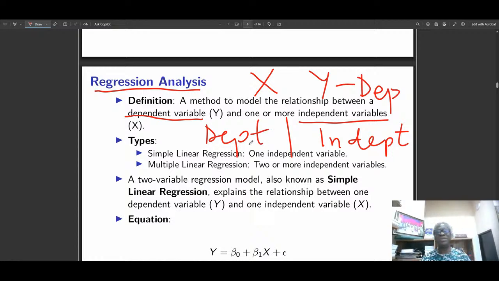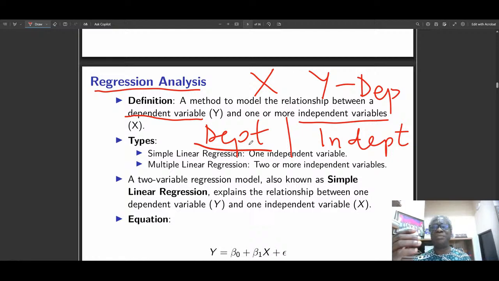The dependent variable is the one that is being explained. The independent variable is the one that is explaining, so we call it the explanatory variable. At times we also call it the regressor.